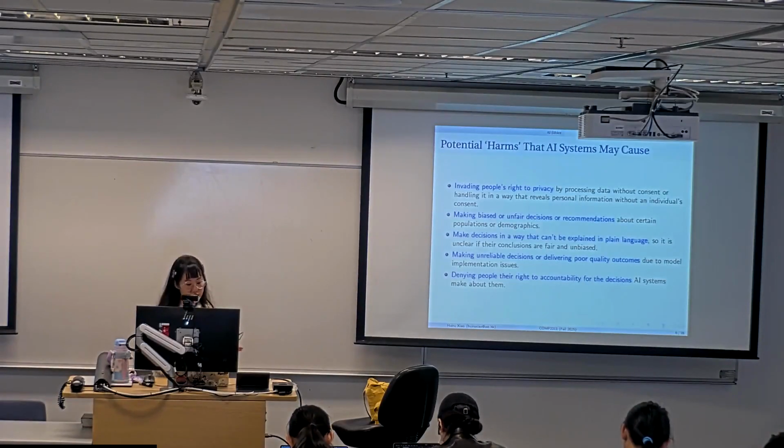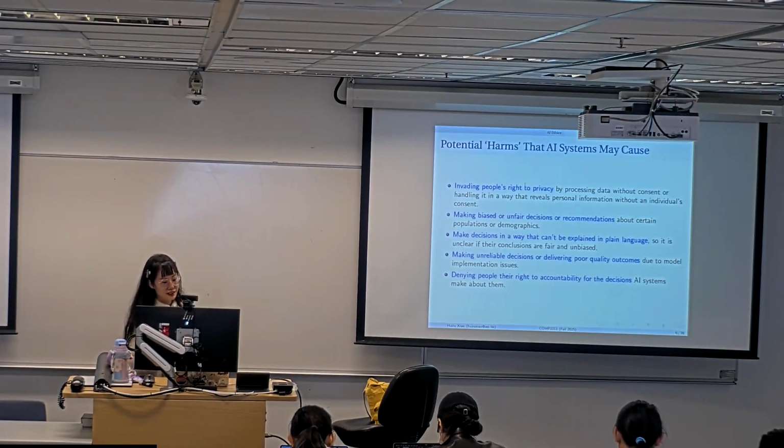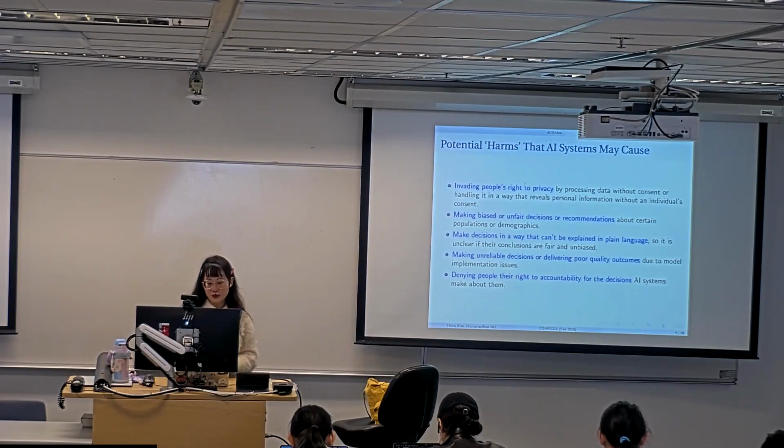Here, this right is a legal concept of rights. We know that ideally everyone should have the right to privacy, but using AI systems can easily invade such privacy rights by processing data without consent or handling it in a way that reveals personal information without an individual's consent.